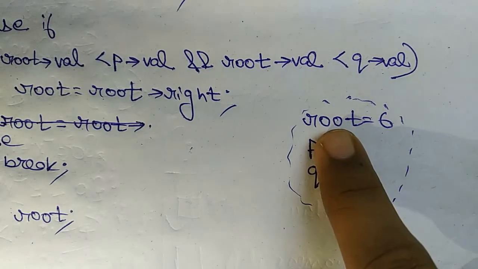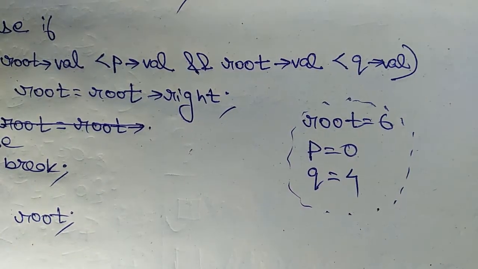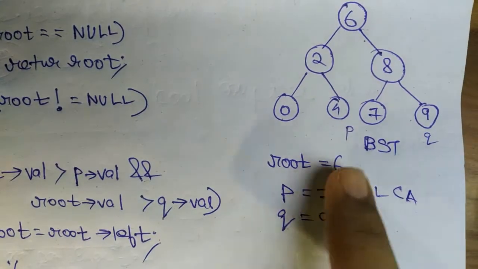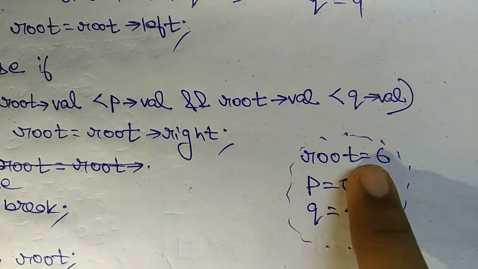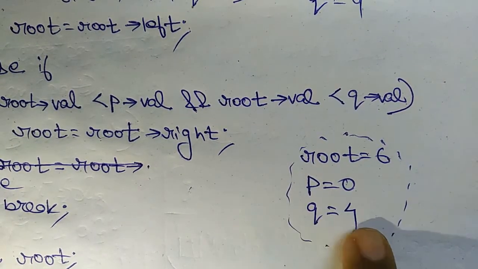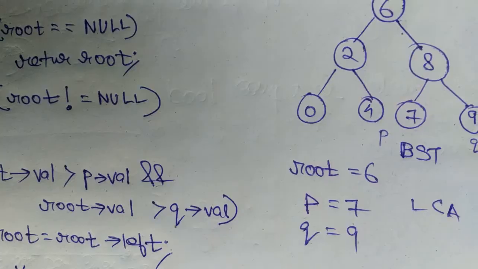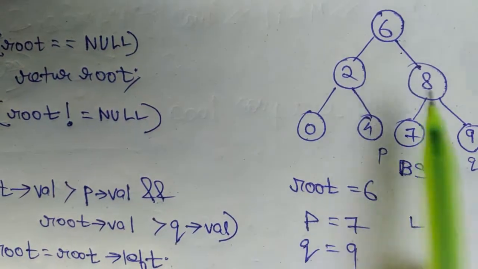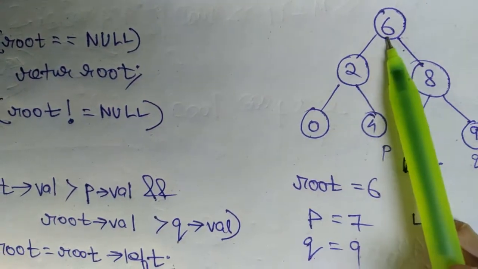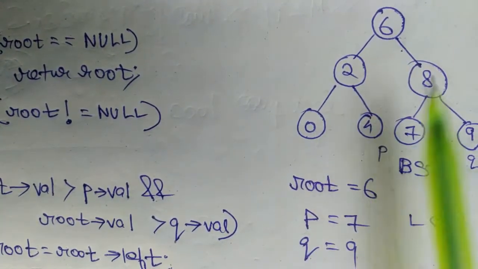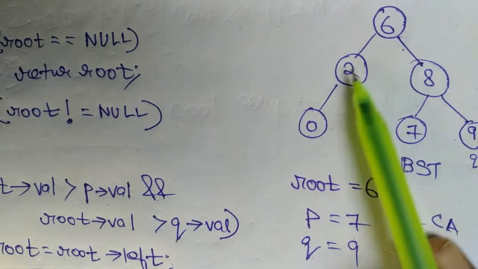Now see, if we have root equal to 6, the same binary search tree I am talking about, and P equal to 0 and Q equal to 4, then when we enter the while loop, we see that 6 is greater than both 0 and 4, so we shift root to the left side.